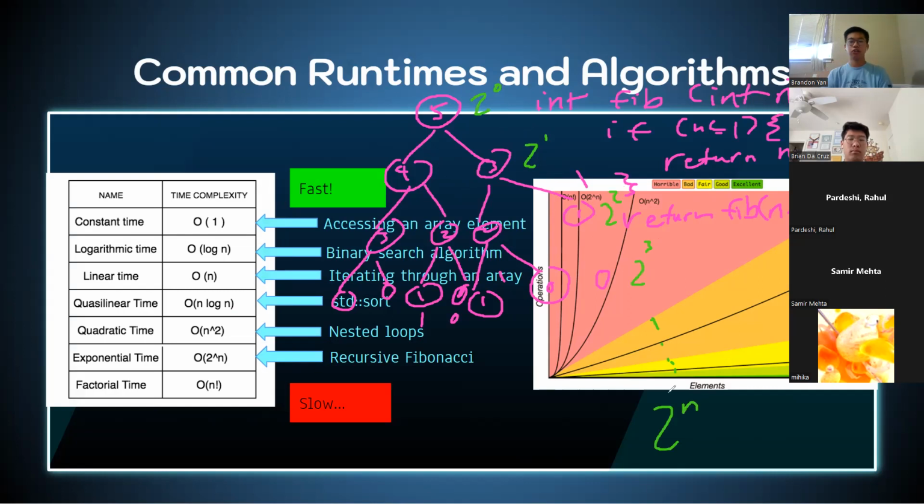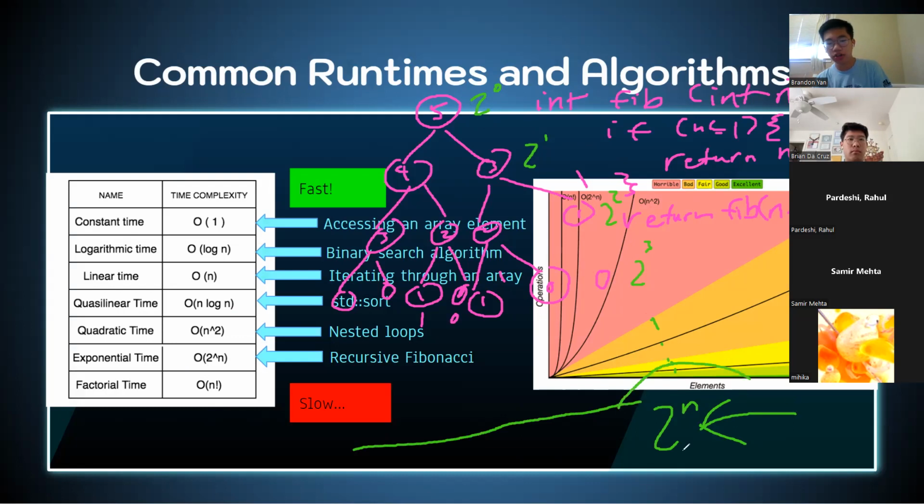And then in terms of a geometric sequence, since the rows keep on going by 2 every time, whenever you have a geometric sequence of operations, like times 2 times 2 times 2, the bottom row always dominates the time complexity. So in terms of recursive Fibonacci, if I keep on doing these calls, I'll eventually get a 2 to the n time complexity because the bottom row will have 2 to the n nodes.